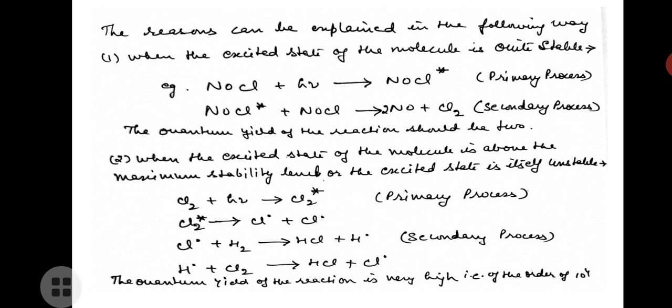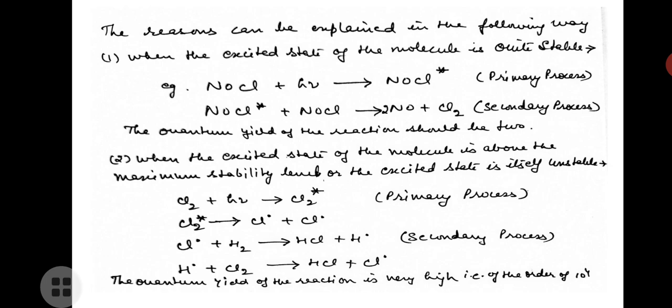This excited molecule collides with another molecule of NaCl and both get decomposed. Thus, with the absorption of one photon, two molecules of NaCl take part in the reaction. In this manner, the quantum yield of the reaction should be 2.